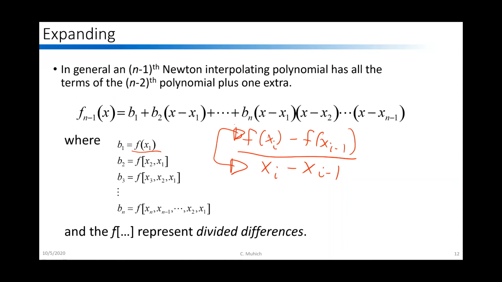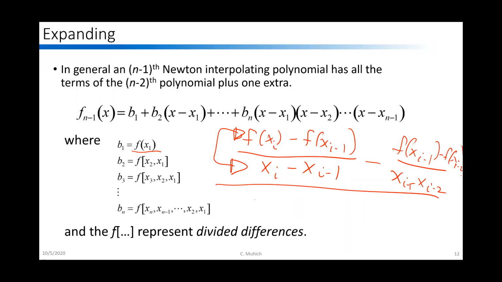And as I build up each additional term, I add one more divided difference. So this pattern of taking divided differences is going to make life a little bit easier.